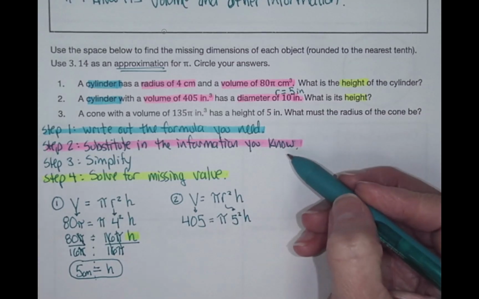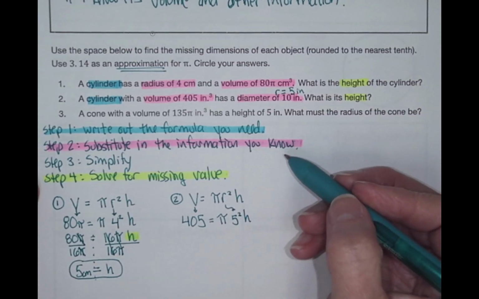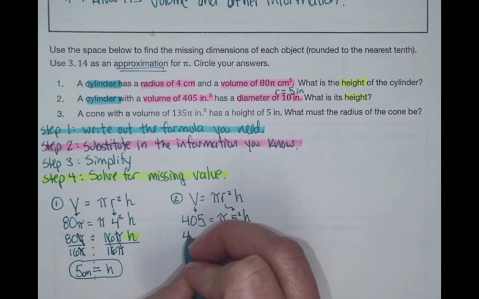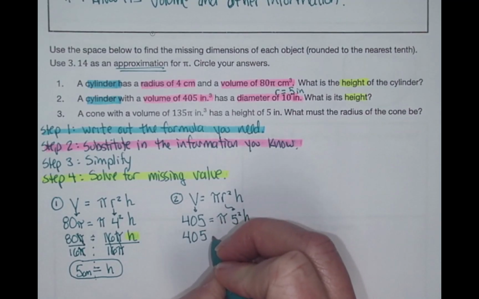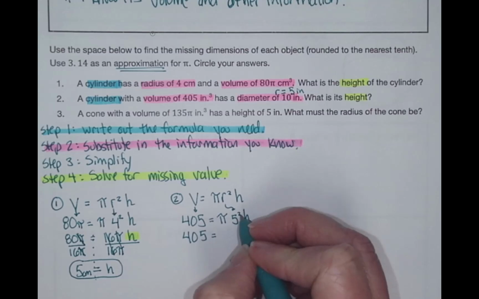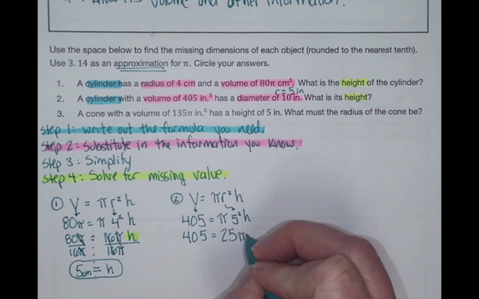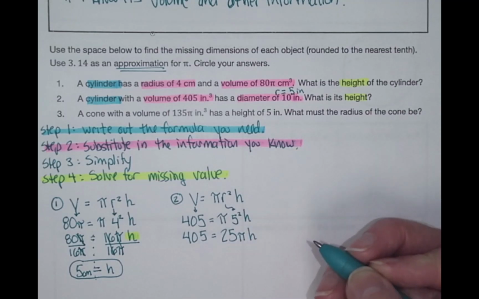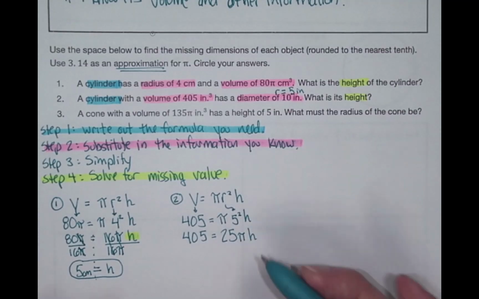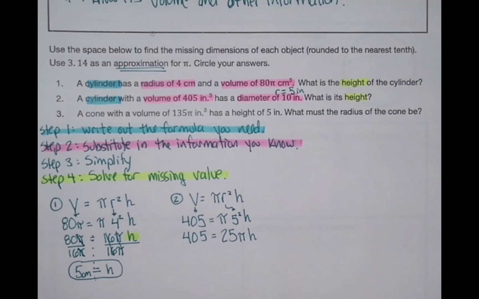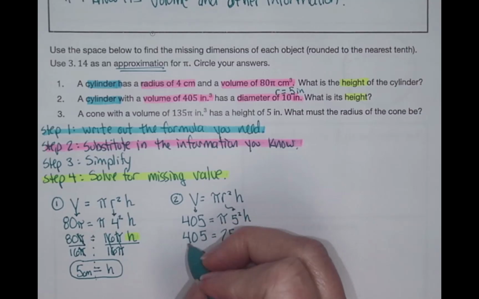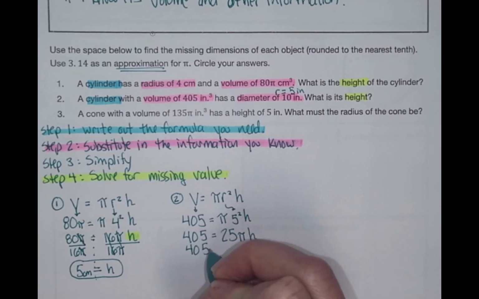Okay, so we substituted in the information we know. Let's simplify that up a little bit. 405. 5 squared is 25. That's 5 times 5. And I have pi and h. And this time, I think I'm going to have to put in 3.14 for pi because it's not going to cancel out like it did in the other one.